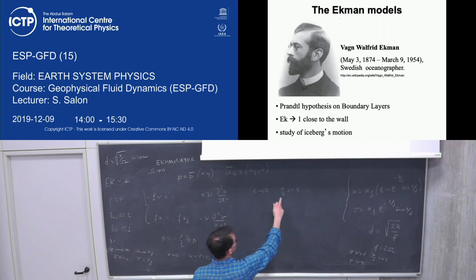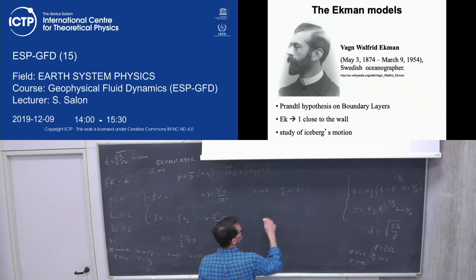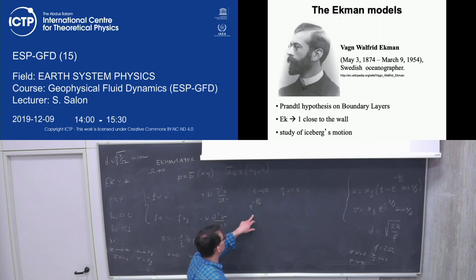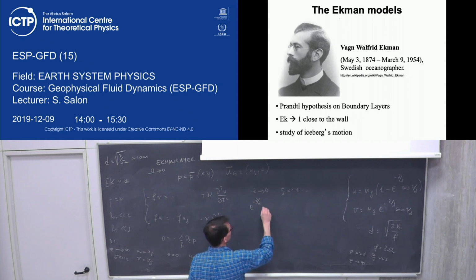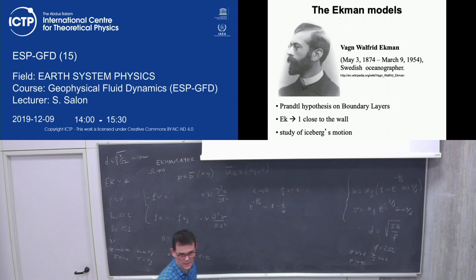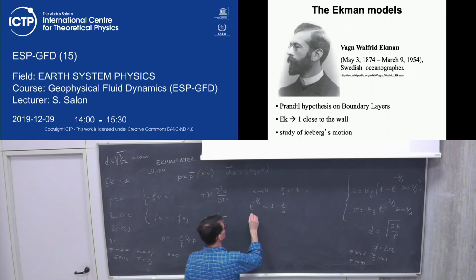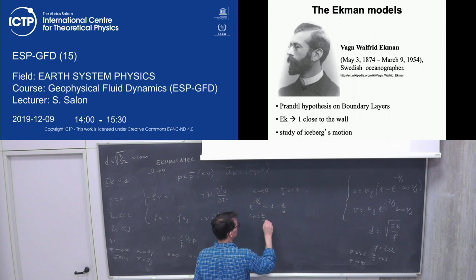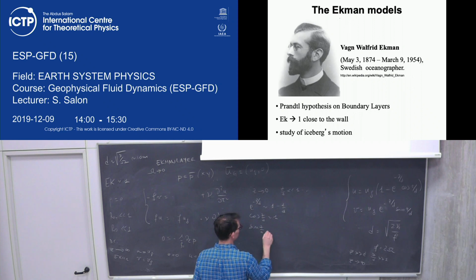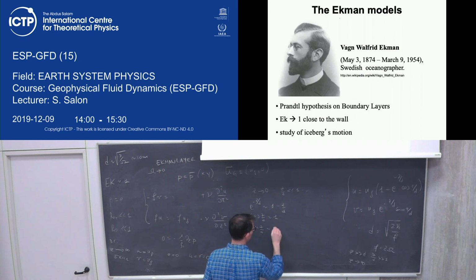So when z over D is much smaller than 1, the exponential is order 1 minus z over D, according to Taylor expansion. Cosine of z over D is order 1, and sine z over D is order z over D.